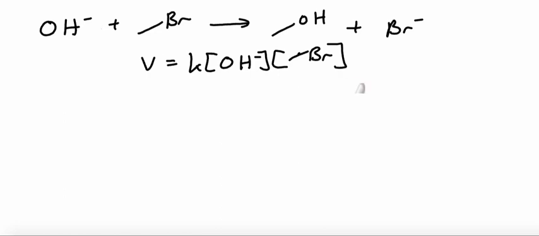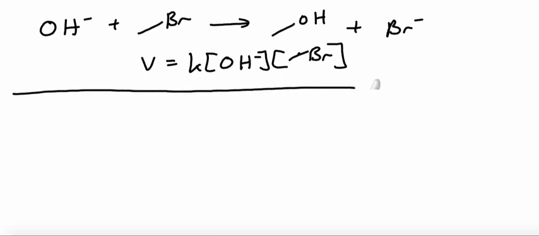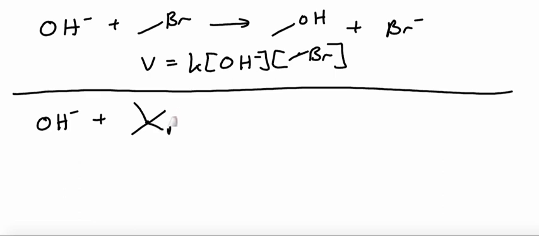But that is not always true. Let me give you a very, very similar reaction, and we can see what its rate law is. Let's say we have hydroxide, and this time we're going to react it with t-butyl bromide. Once again, it's a simple substitution, so we end up with t-butyl alcohol and bromide.